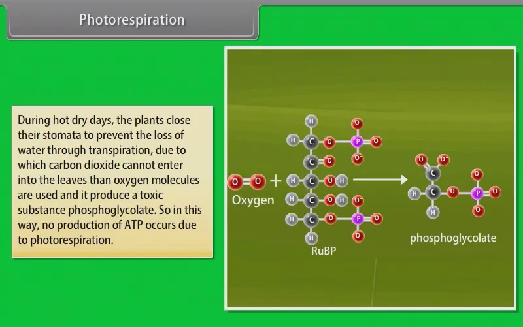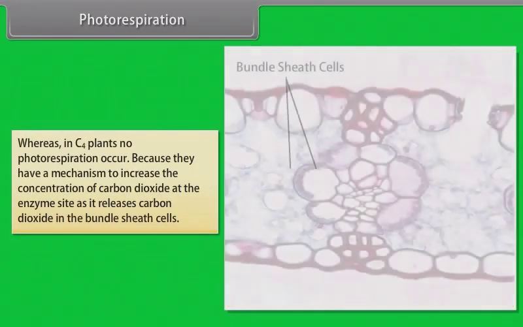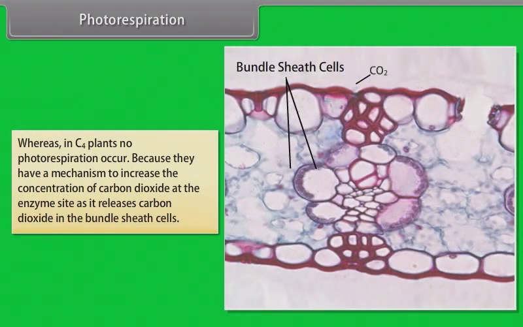So, in this way, no production of ATP occurs due to photorespiration. Whereas in C4 plants, no photorespiration occurs because they have a mechanism to increase the concentration of carbon dioxide at the enzyme site, as it releases carbon dioxide in the bundle sheath cells.